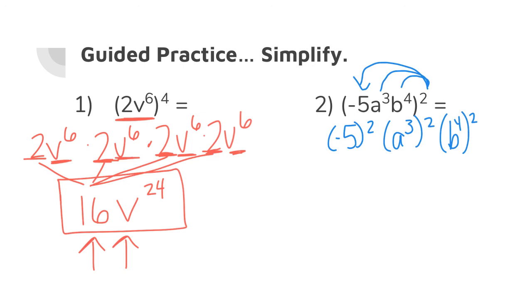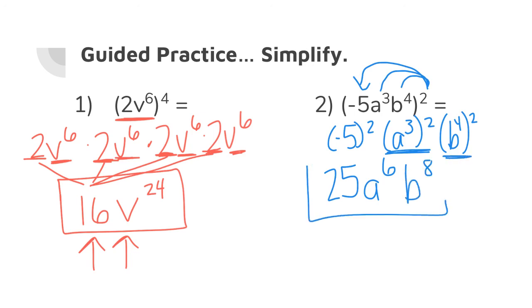So be careful that you're using parentheses when you plug it into your calculator, because -5 times -5 is +25. Here, keep the base, multiply your exponents. Here, keep your base, multiply your exponents. There are your answers.